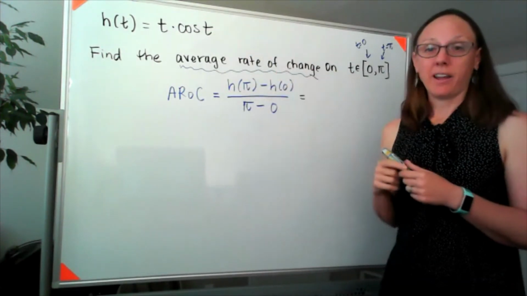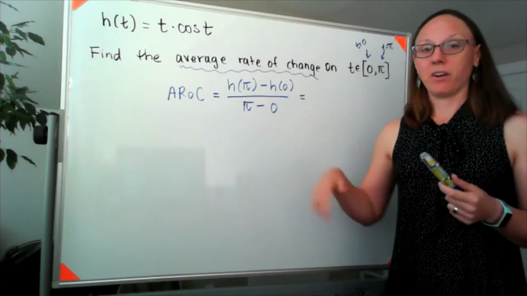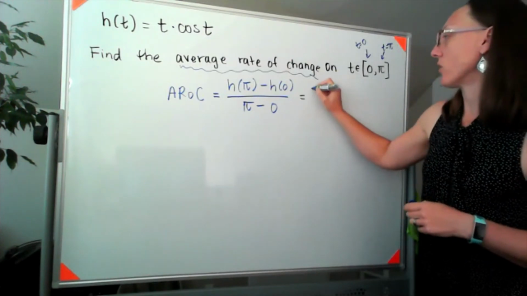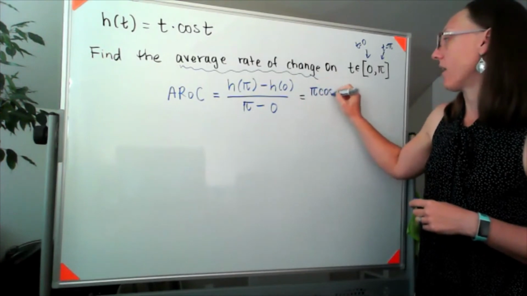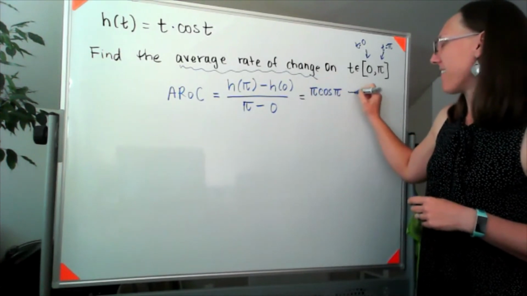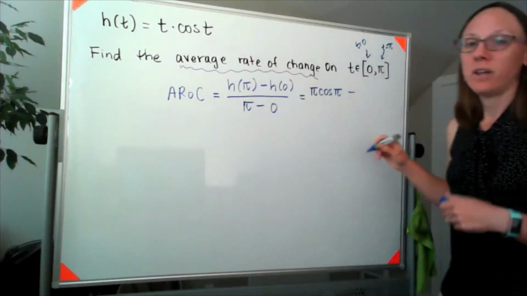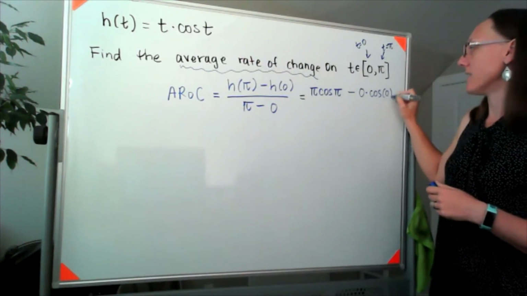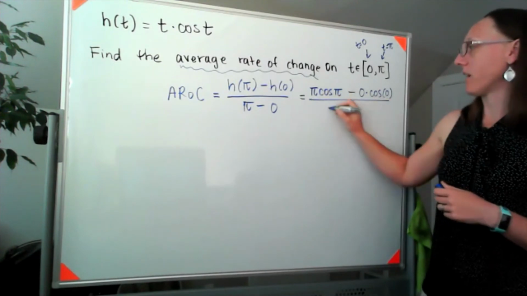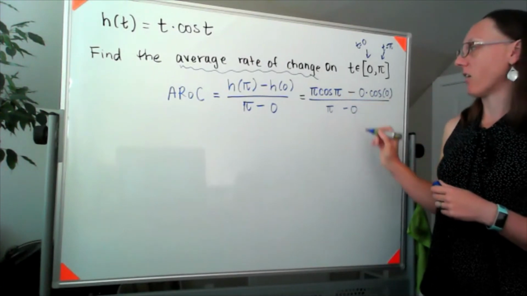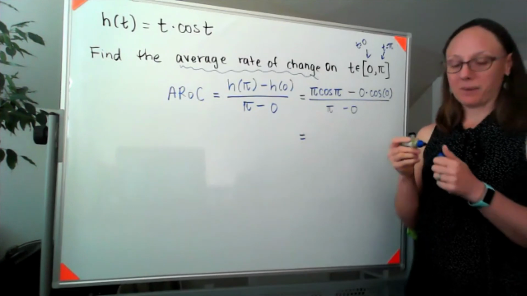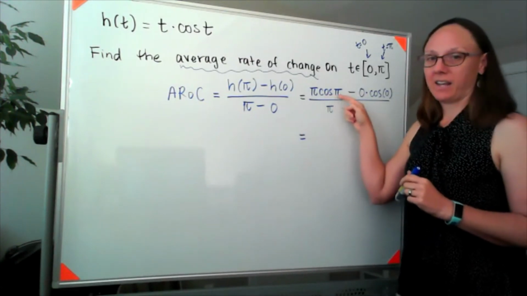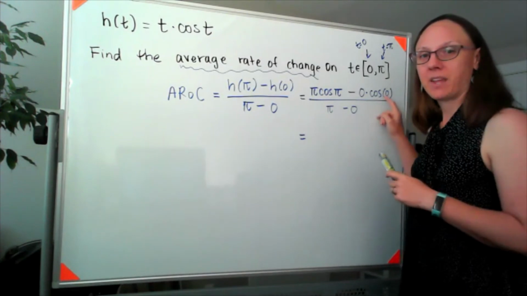So h of pi, I'm going up to my h function and plugging in pi everywhere that we have a t. So h of pi is going to look like pi cosine of pi, and then minus h of 0. We plug in 0, we'd have 0 times cosine of 0. And then the whole thing is over pi minus 0. If we clean this up a little bit, because we are supposed to know some of these values, cosine of pi is equal to -1.